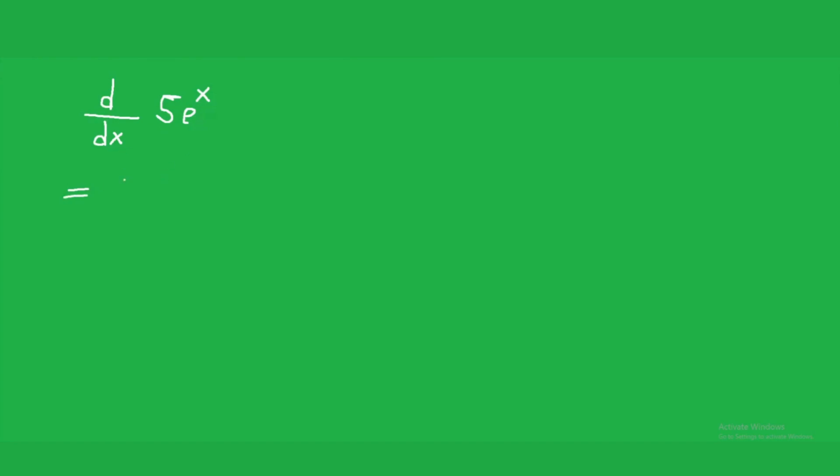We can say 5, and then d over dx of e to the x, which we know is just e to the x, so it's going to be 5e to the x. It's pretty simple. It's not hard to forget, so you shouldn't have trouble remembering that. Just know there are reasons for it.